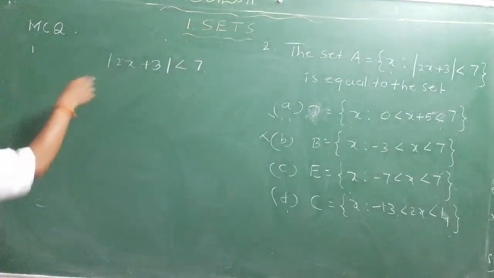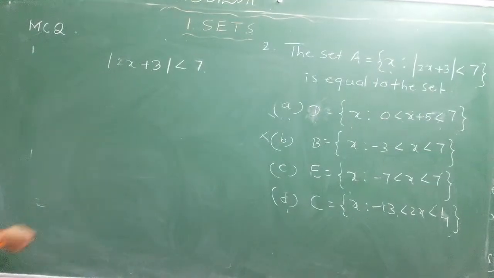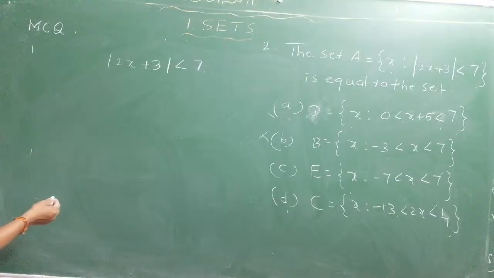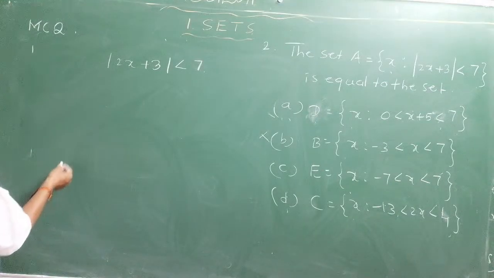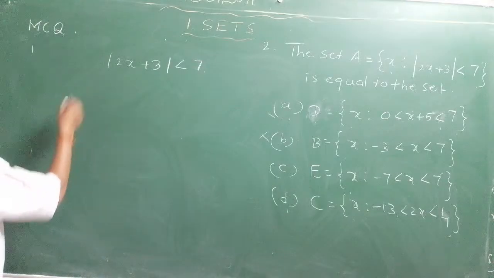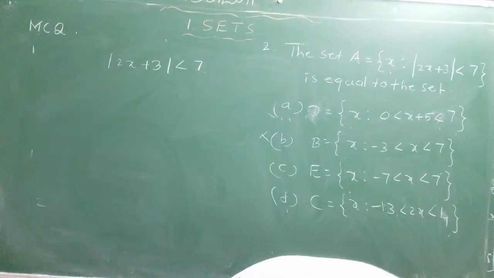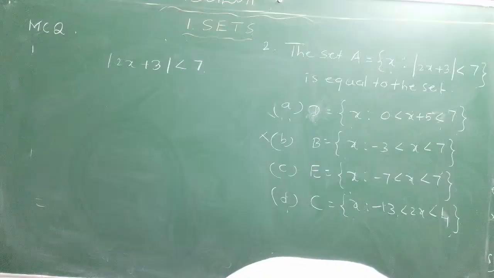Modulus means you have to take a plus or minus. Are you getting me? How can you take this one as plus or minus 2x plus 3? Think for another 1 or 2 minutes. Which one will be the correct answer? It is not an easy question. It is a tough question. Try.